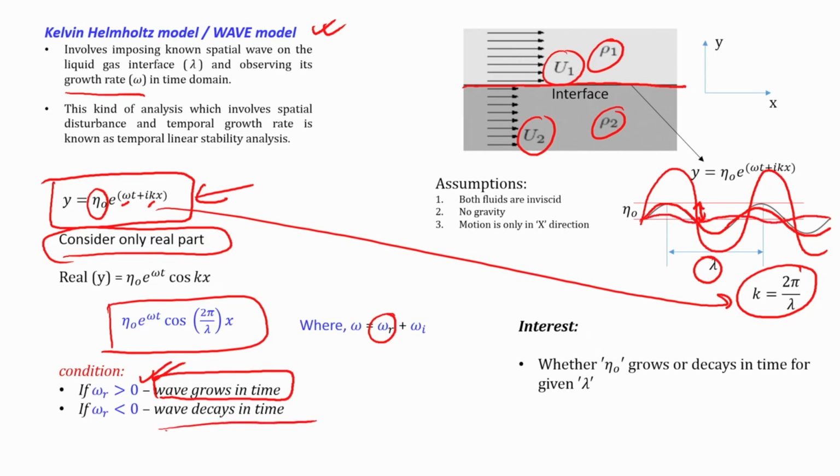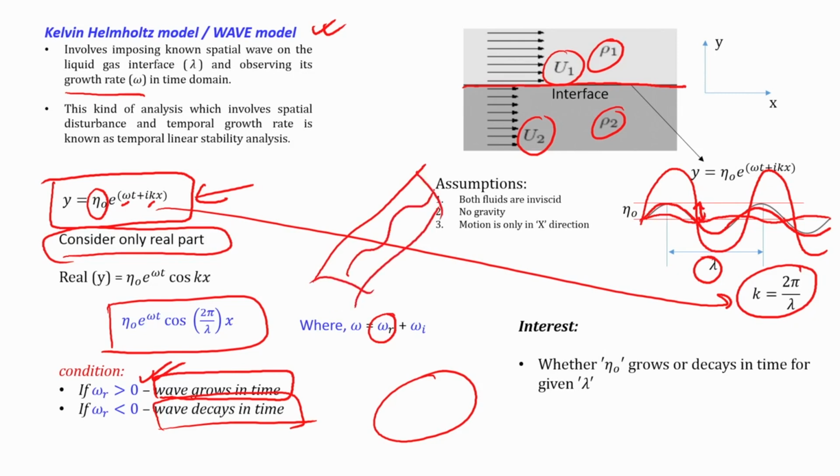So, if you imagine this to be a droplet or a liquid sheet, and you have all this waviness created on the surface, some waves are going to be damped out immediately because of the effect of surface tension and other factors. Some waves are going to grow. So, this will become aggravated.